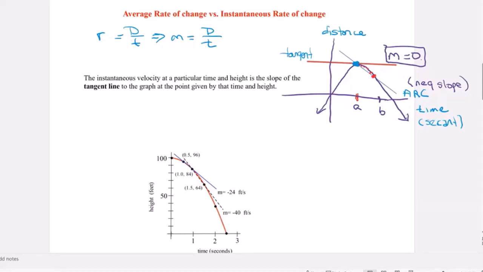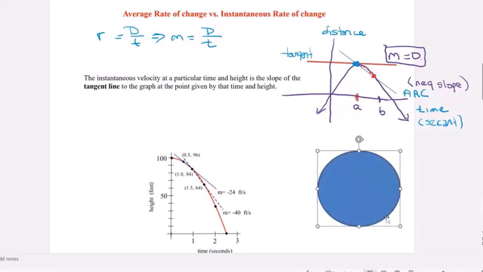Just remember, tangent line, like if you have a circle, if I draw a circle, where is a tangent line? A tangent line can't go through the circle. The tangent line can only hit that point in one place. That means that this is a tangent line and this is a tangent line. And there's infinitely many tangent lines on that circle.